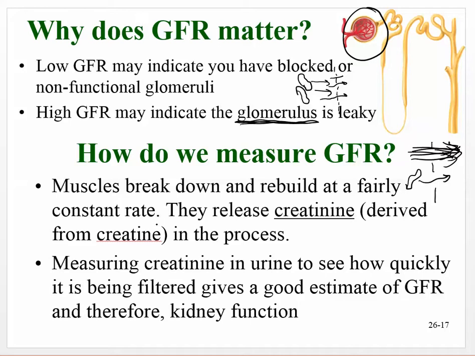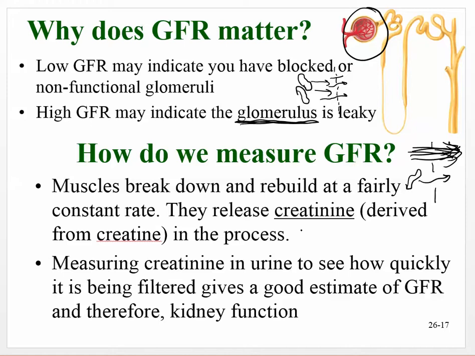Well, our muscles are constantly breaking down a molecule called creatine. The muscles are constantly working, and usually at a pretty constant rate, unless you're doing a whole lot of exercising or just doing something physically that's out of the ordinary.